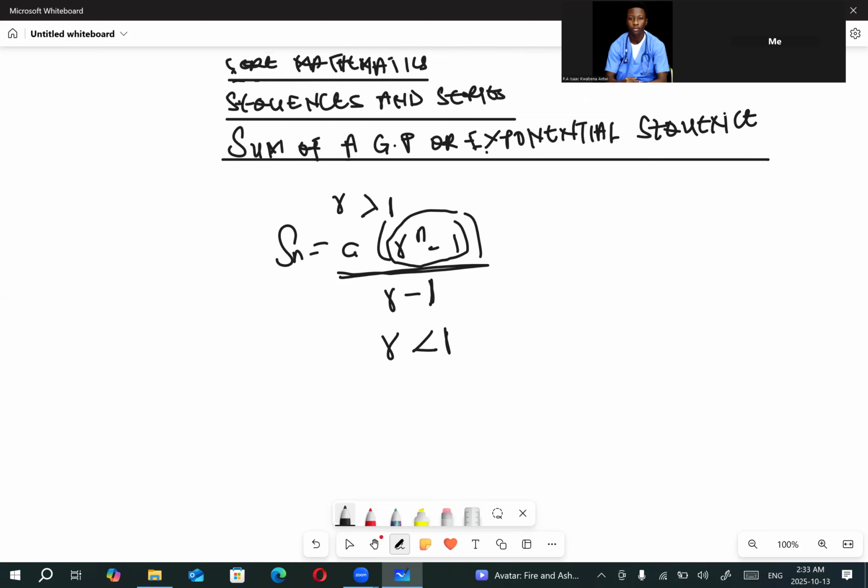Let's see how it goes. Sn is equal to a into bracket 1 minus r exponent n, all over 1 minus r. Just observe that it's going to change, and of course it affects the denominator too.